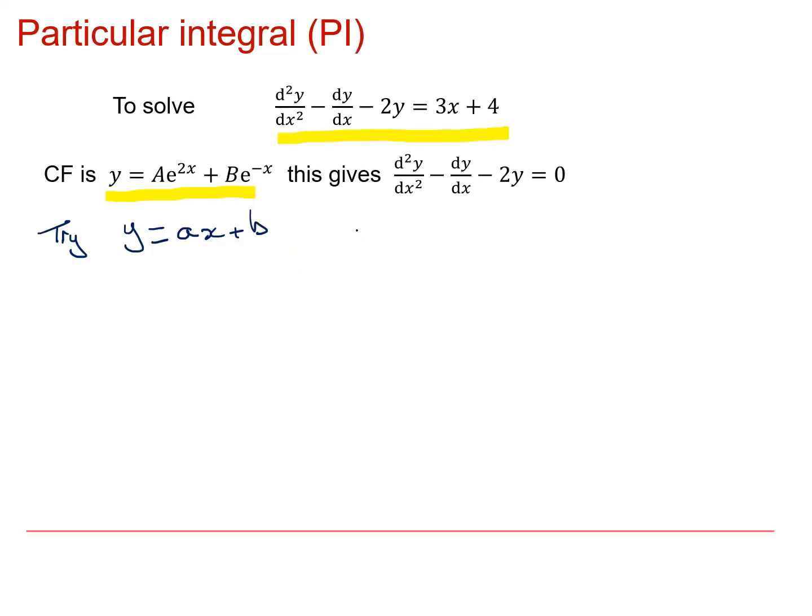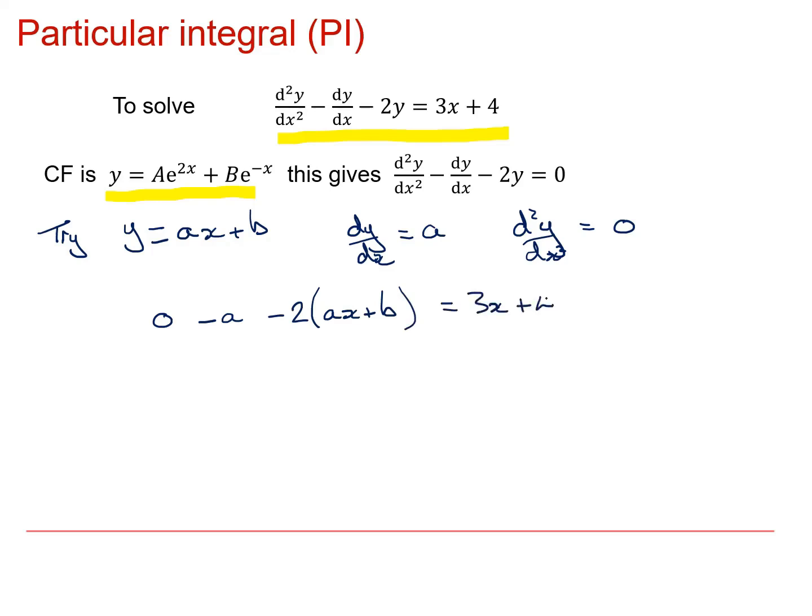Well, if that's the case, then differentiating, I'm going to get that dy by dx is equal to a, and I'm going to get the second derivative, d2y by dx squared, is equal to 0. So if I substitute this into the original equation, I'm going to get 0 minus a minus 2 lots of ax plus b is equal to 3x plus 4.